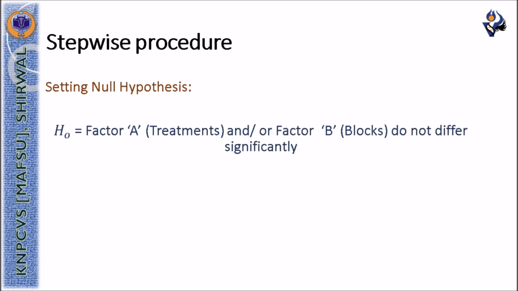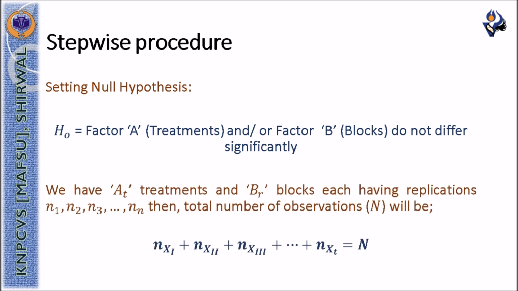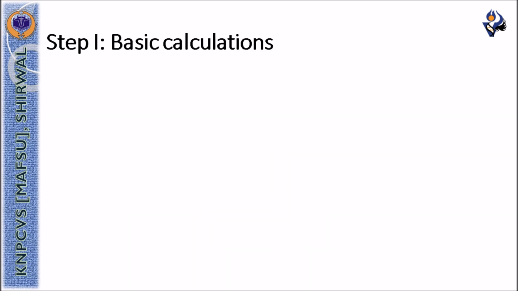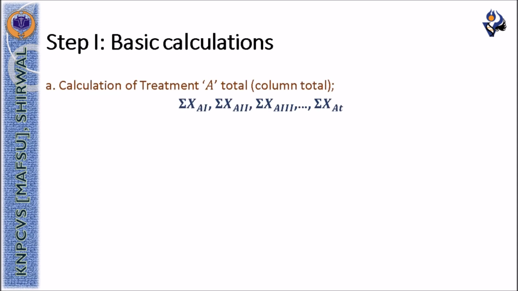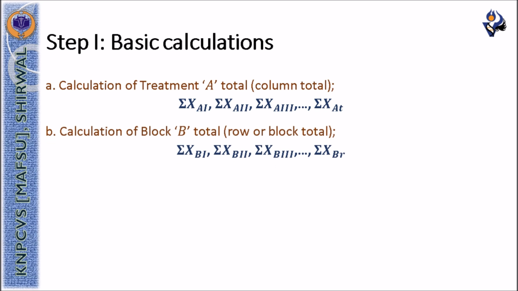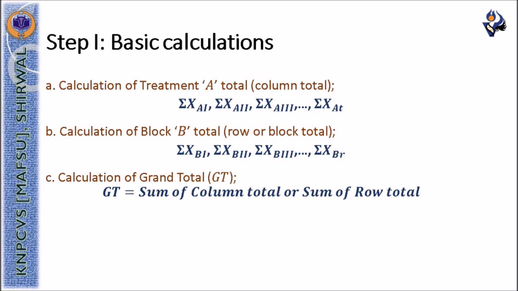The stepwise procedure of RBD ANOVA involves setting up the null hypothesis, that is, stating that the treatments and or the blocks do not differ significantly. Next is calculation of the total number of observations, as well as some basic calculations such as column totals, row totals, and the grand total.